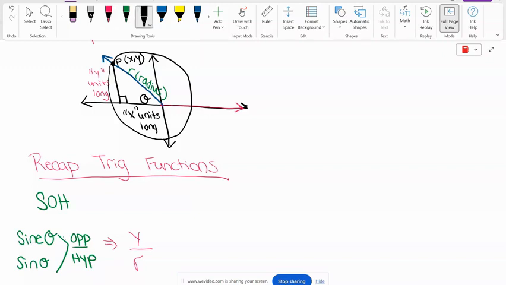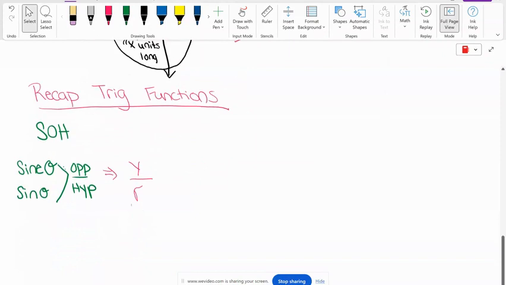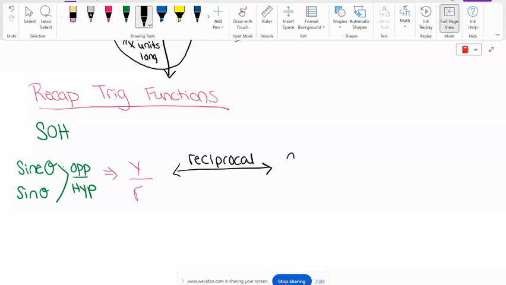There is another function that is the reciprocal of sine. Does anybody know what that's called? No, that's the inverse of sine. It's actually called cosecant. Have you guys ever heard this before? Cosecant, similar to sine, always needs an angle.